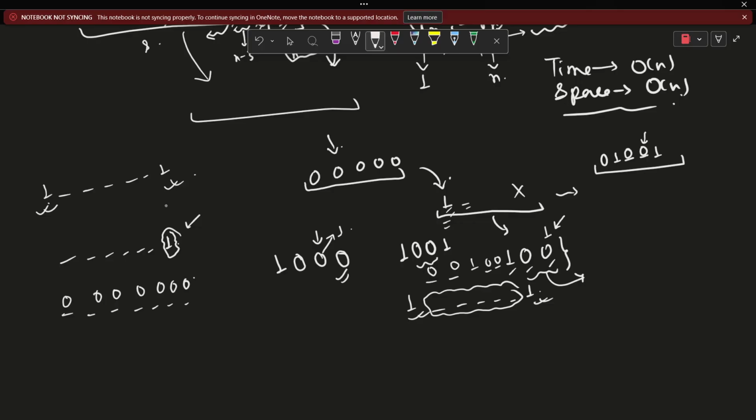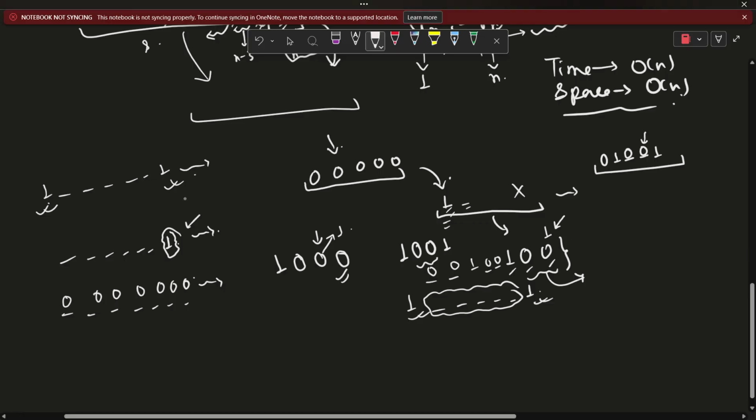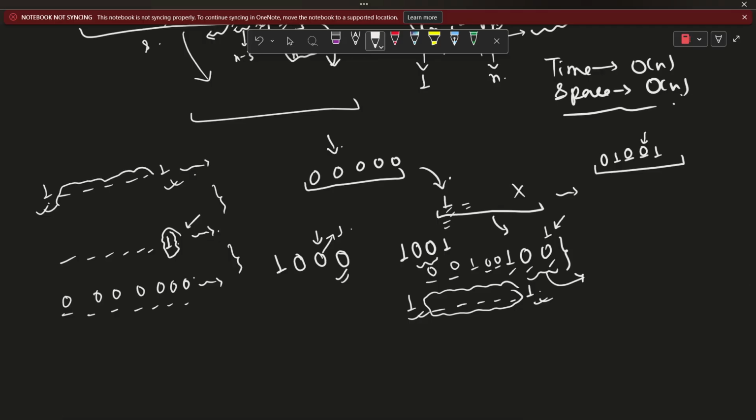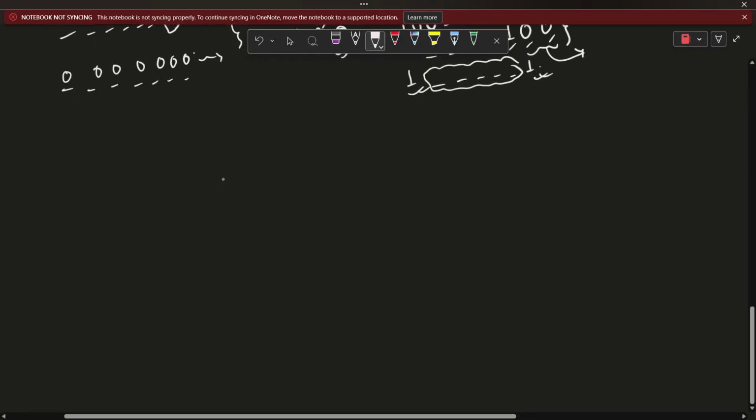What we are going to do is try to find an optimal strategy to fill the ones in all of these three cases. So in this particular case, let's say the number of zeros is x over here.